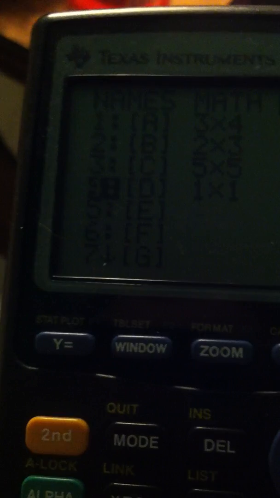You're going to hit equals or enter. Since we're doing two variable expressions, you're going to need a 2 by 3.